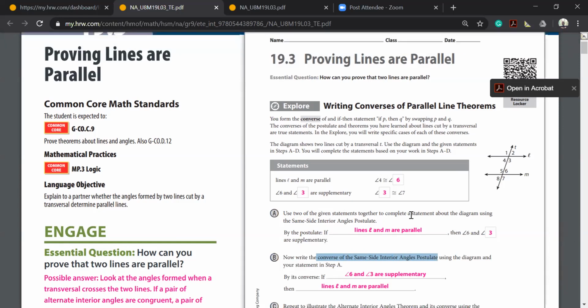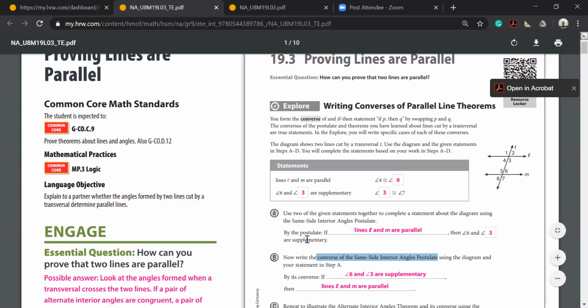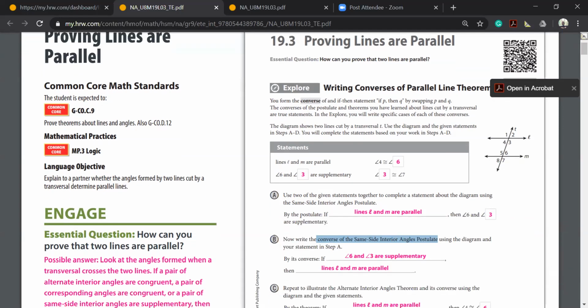You have to understand that the postulate says if lines are parallel, then angle 6 and angle 3 are supplementary. The converse of the postulate, you swap the two events. Let's go to number 3. Repeat to illustrate the alternate interior angles and its converse using the diagram and the given statement.